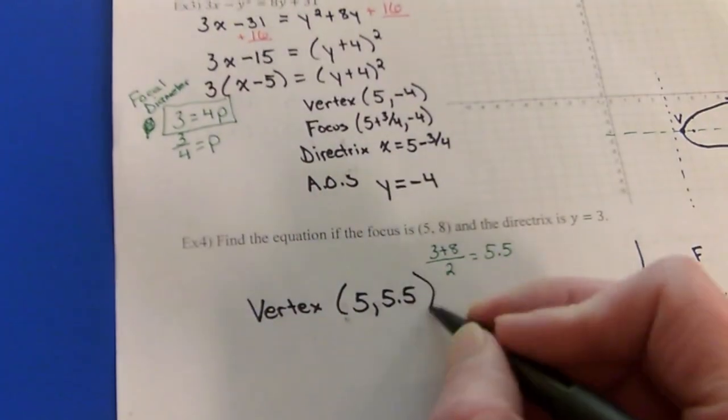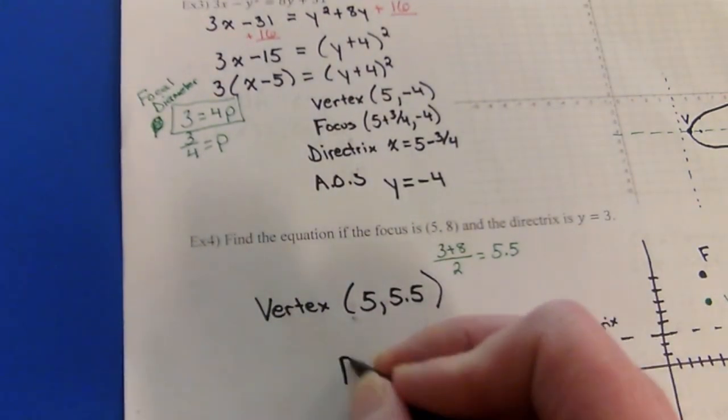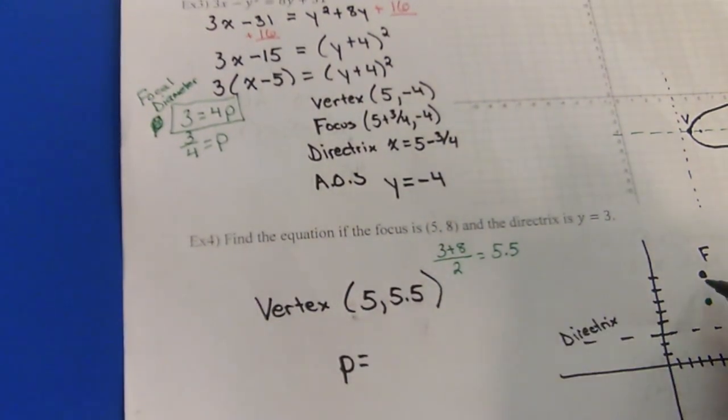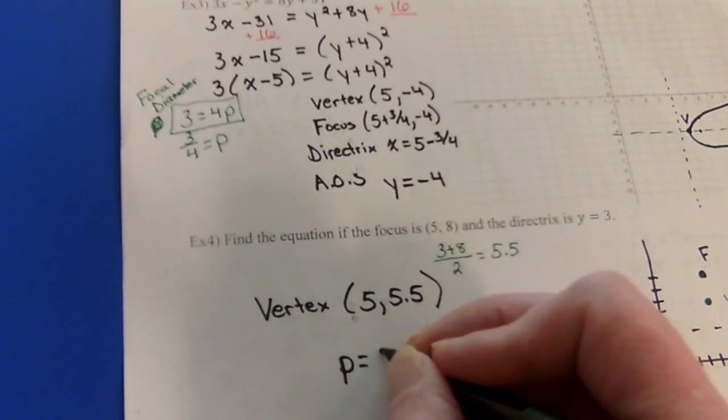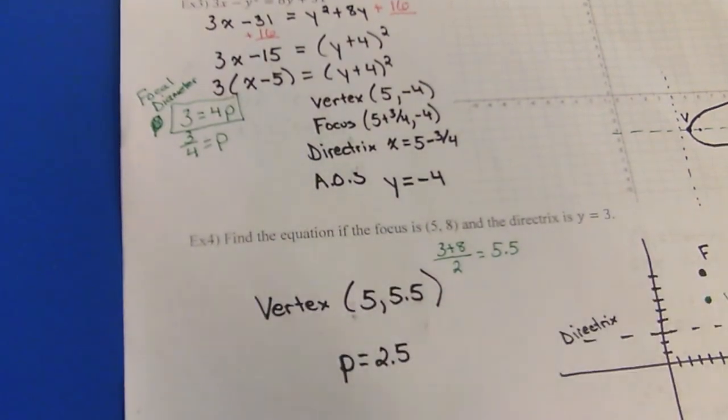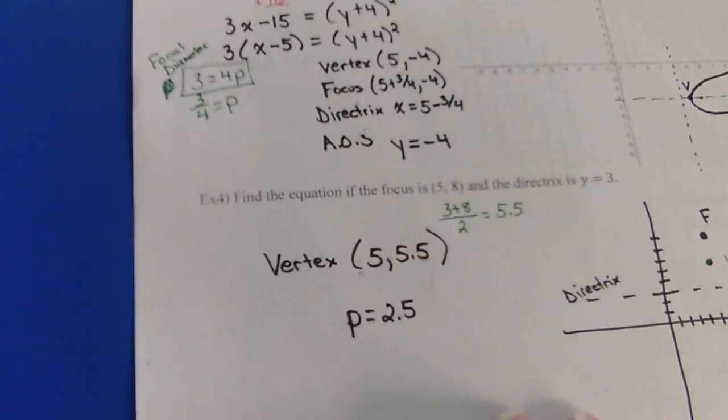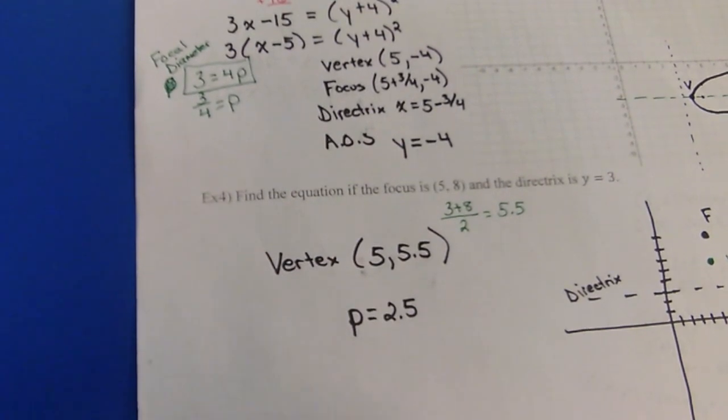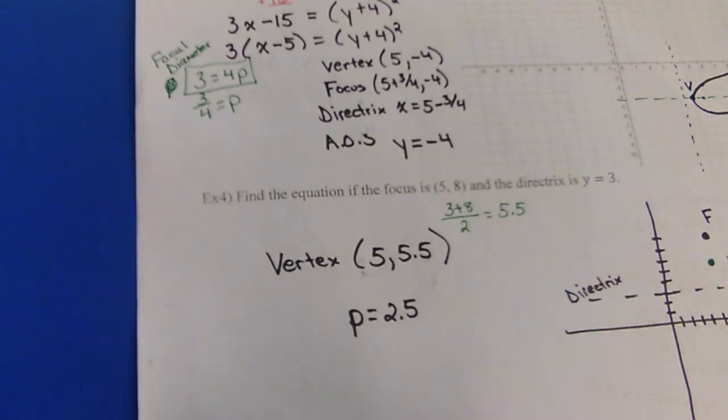Now, what is that distance, that p, from the vertex to the focus, or from the directrix to the focus? Well, it would be 2.5. So I think this one's going to be easier to write with that 4 times p designation. This one is going to be opening up. It's going to do something like this. So this is going to be a y equals x squared.